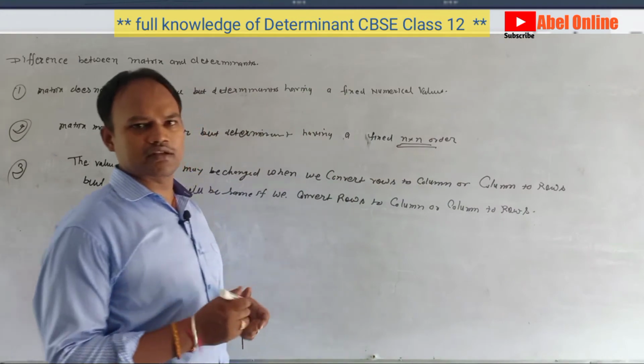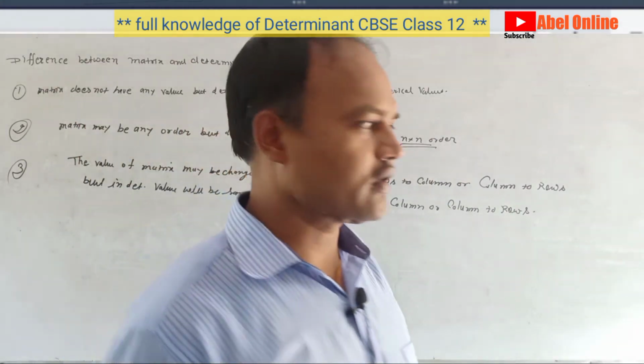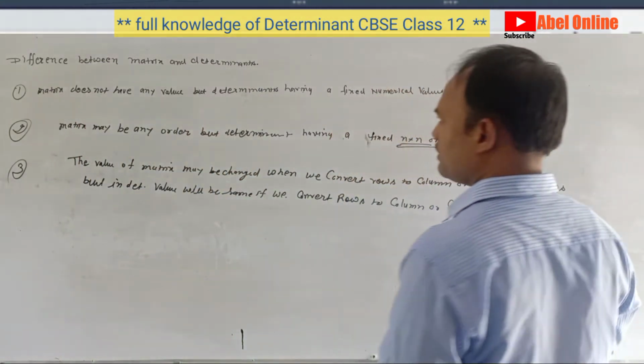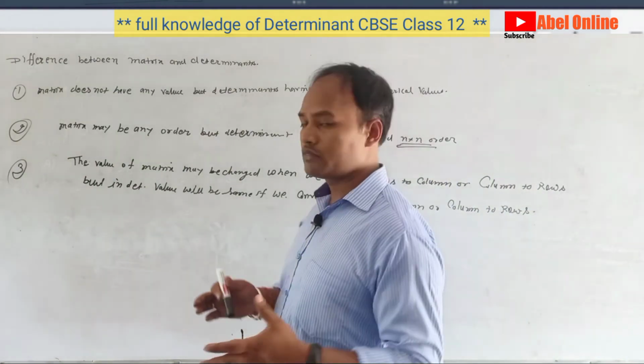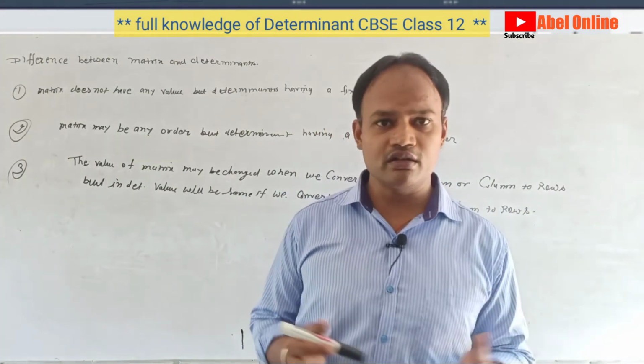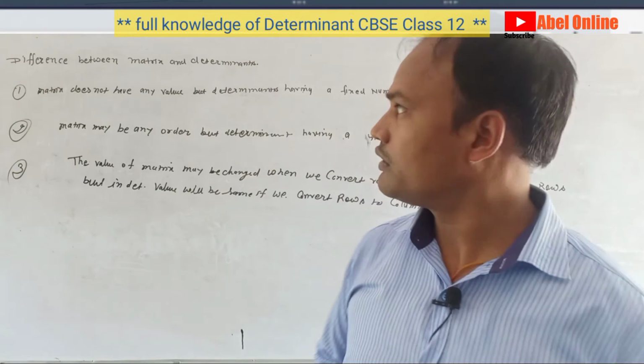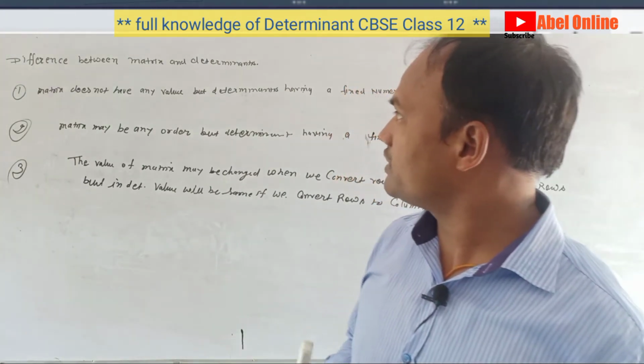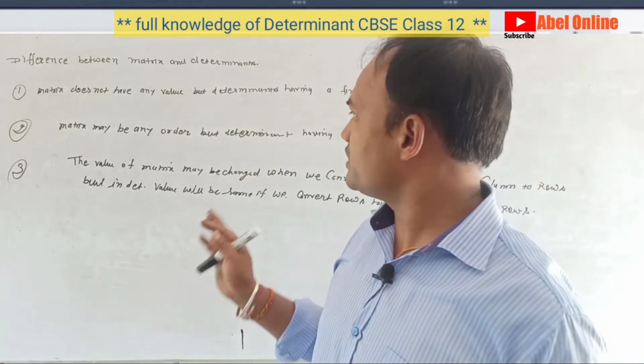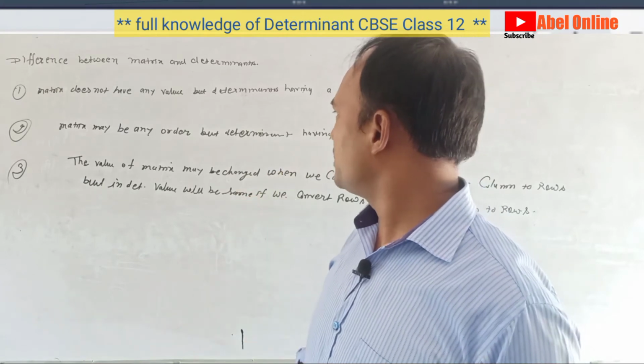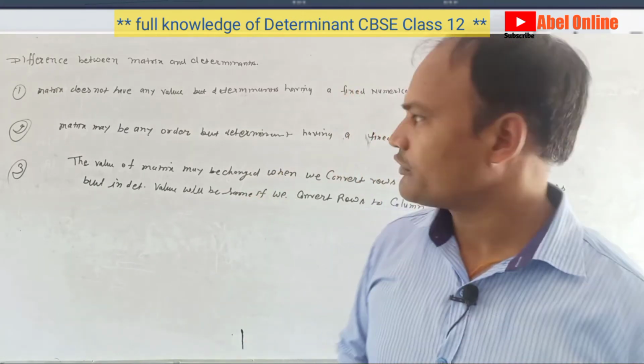So students, these are three rules by which matrix and determinant are different from each other. Number one, a matrix does not have any value but a determinant has a fixed value.